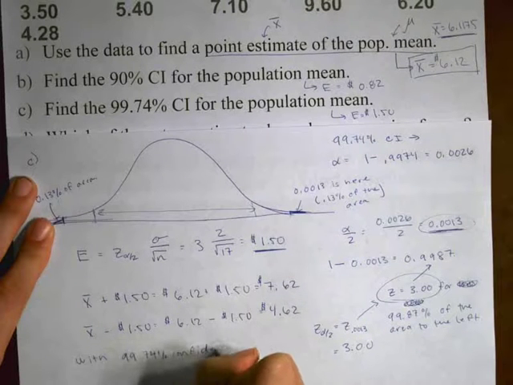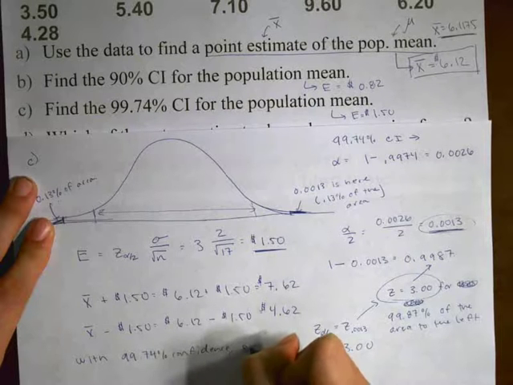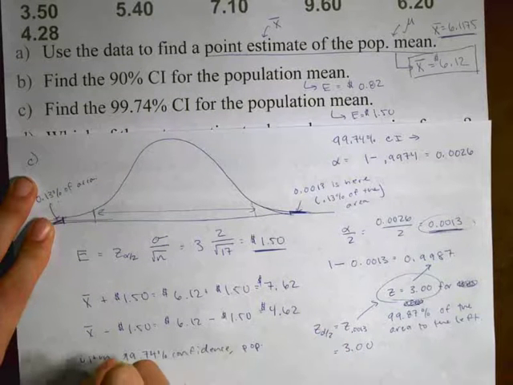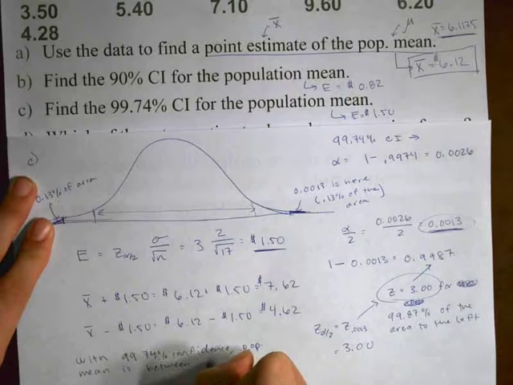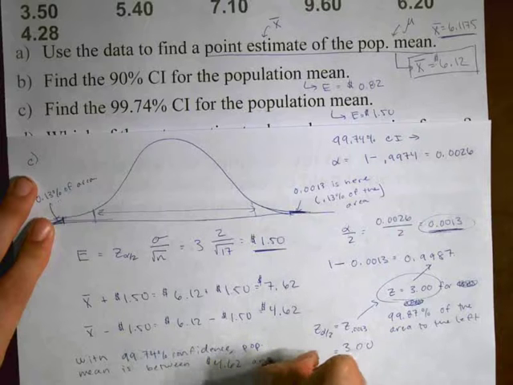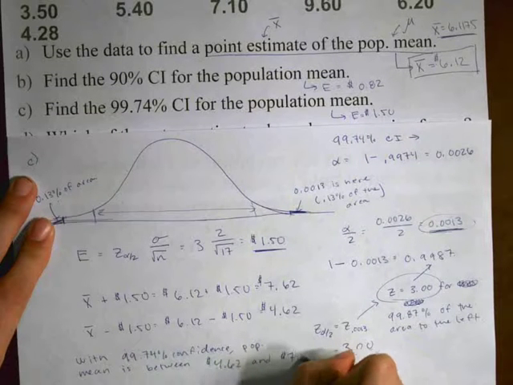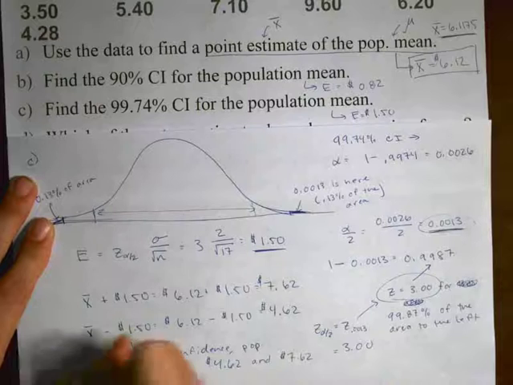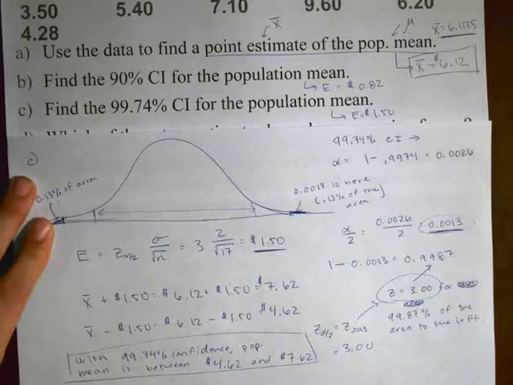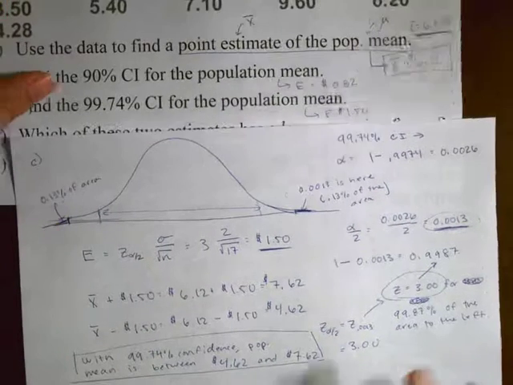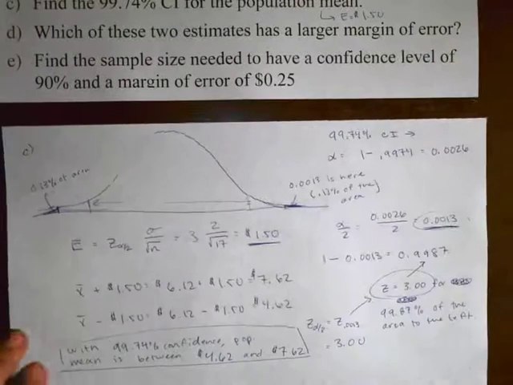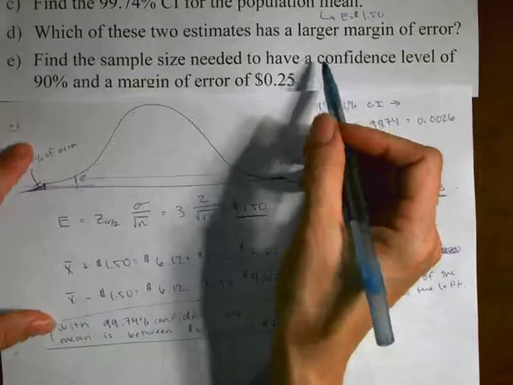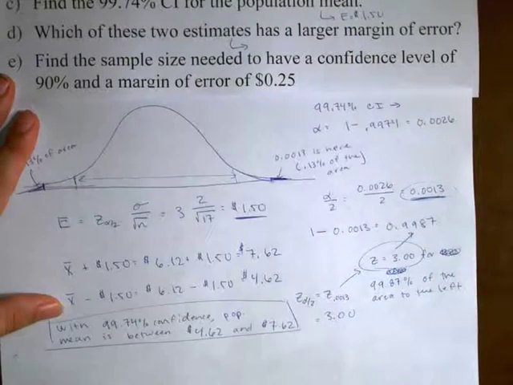So with 99.74% confidence, the population mean is between $4.62 and $7.62. And that is my answer.